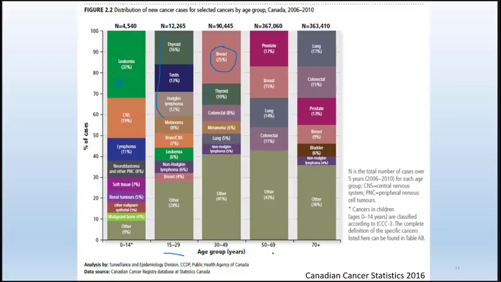From age 50 to 69, you can see prostate cancer really seems to appear. Breast cancer, still a problem. Lung cancer, and colorectal cancer. And then from 70 and up, you can see that lung, colorectal, breast, and prostate cancer are still a problem.